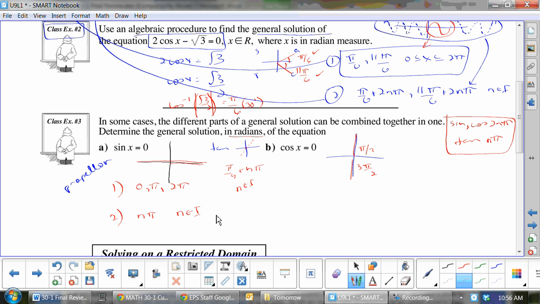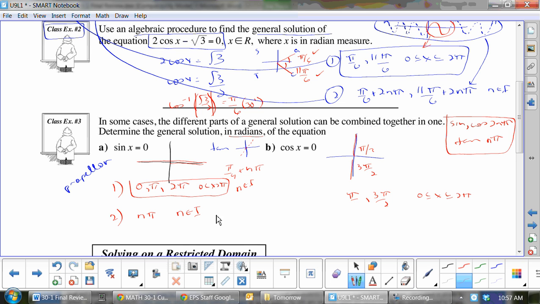So between 0 and 2 pi, because remember, this is between 0 and 2 pi, right? So let's do that first. So between 0 and 2 pi, we have pi over 2 and 3 pi over 2. And that is between 0 and 2 pi, right?